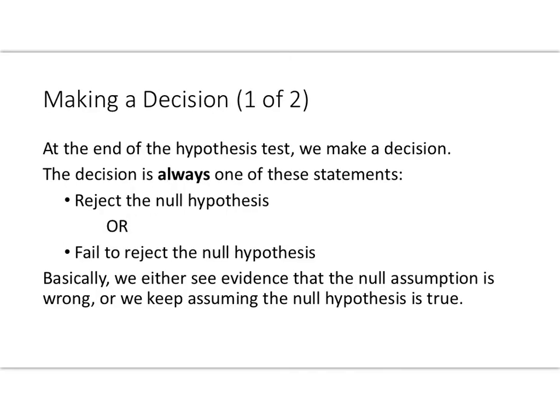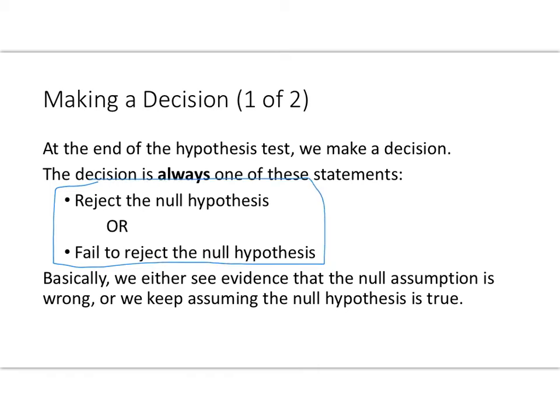At the end of the hypothesis test, we make a decision. The decision is always one of these statements: reject the null hypothesis or fail to reject the null hypothesis. So these are the only two statements you'll be using when you make your decision.